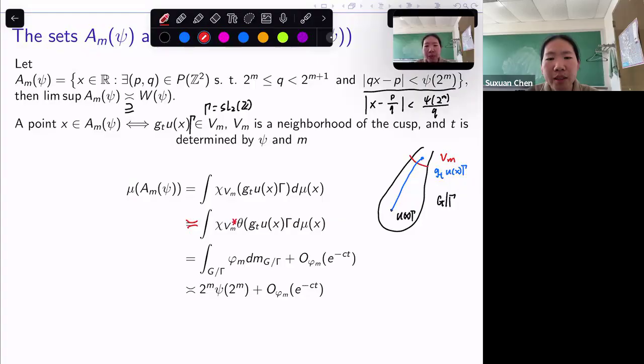And we can compute this integral explicitly. It's about 2^m times psi(2^m). And we still have this error term. Okay, does anyone have any question up to now?